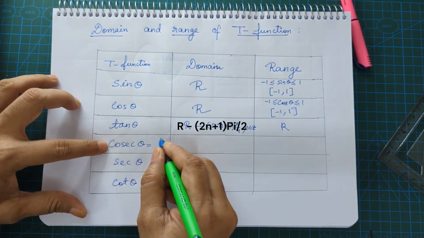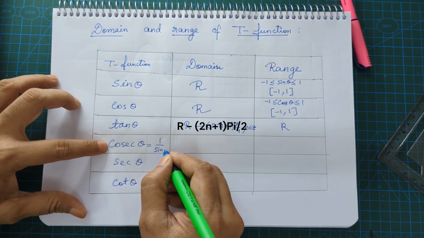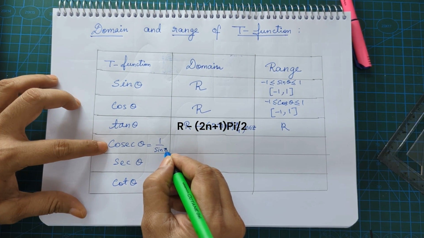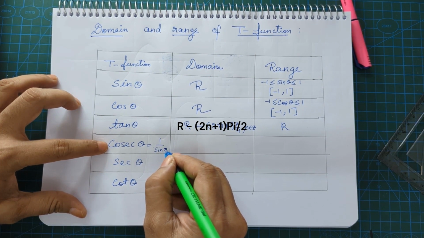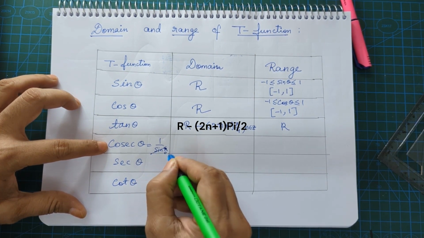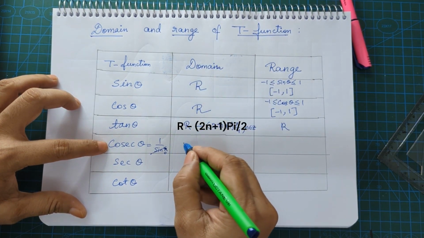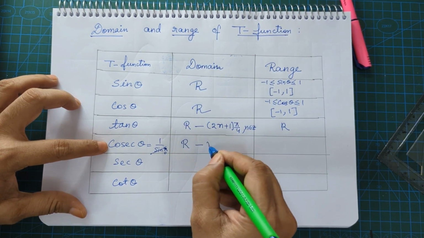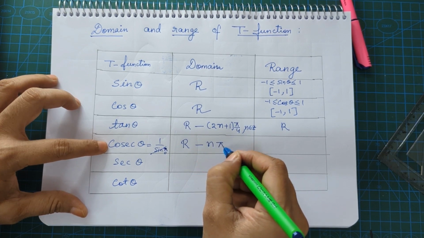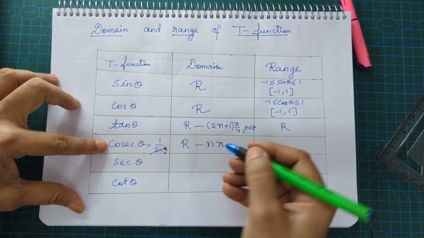And since cosec is 1 by sine, if the angle becomes pi or a multiple of pi, even or odd multiple of pi, this becomes 0. 1 by 0 is not defined. That's why the domain will be the set of all real numbers from which the even multiples of pi are removed. n is an integer, however.